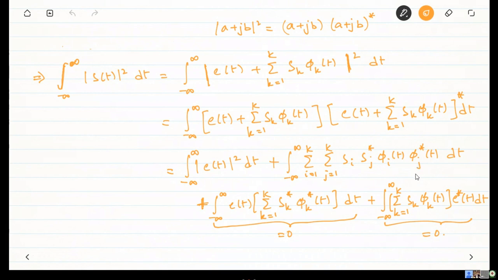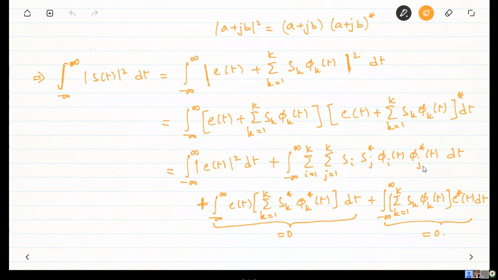When i equals j, it becomes phi i of t multiplied by phi i conjugate of t dt, so this becomes 1, and this will be si multiplied by si conjugate, which is mod si squared.